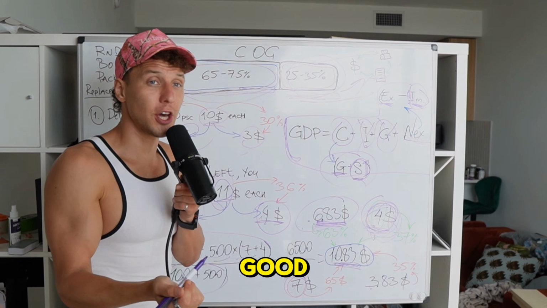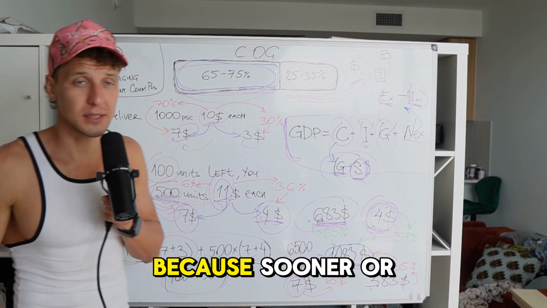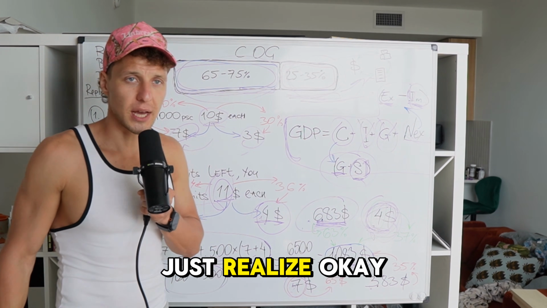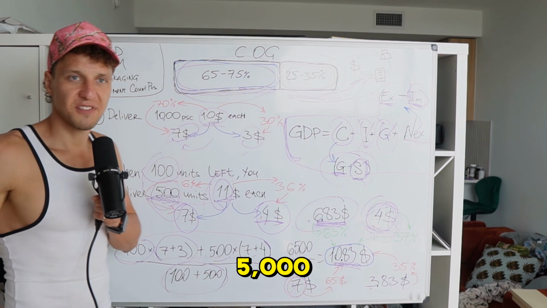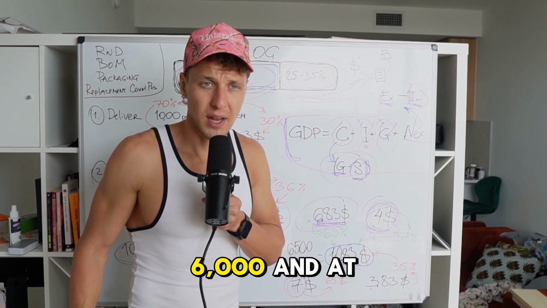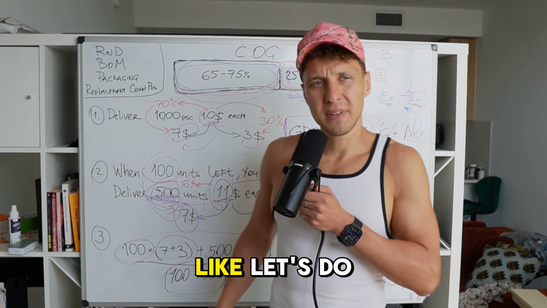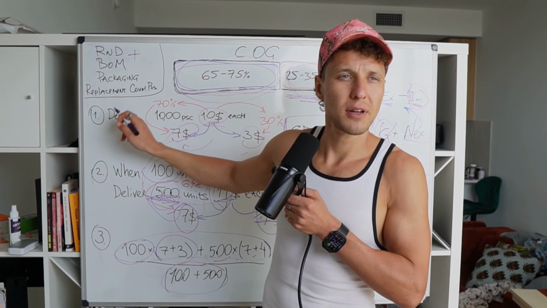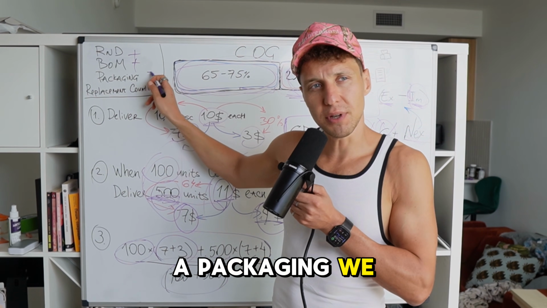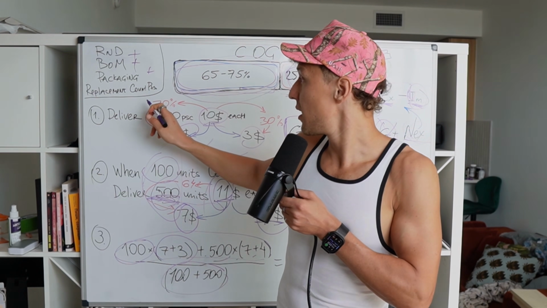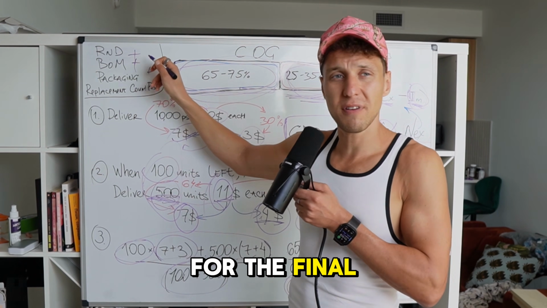So if you're proud of your goods, you need to dismantle your COGS eventually, because sooner or later you'll realize, okay, I deliver 1,000, then I deliver 5,000, then I deliver 6,000, and at some point you'll come to your supplier and say, okay man, let's do some research. Give me your bill of materials. What kind of packaging are we using? What kind of replacement parts can we implement for the final product?